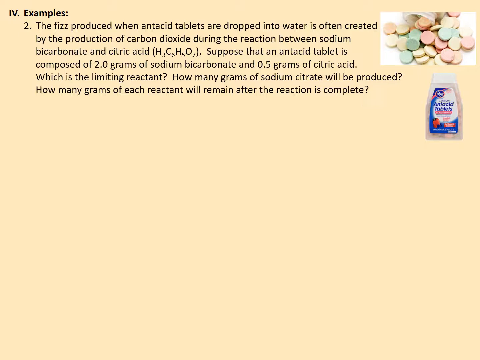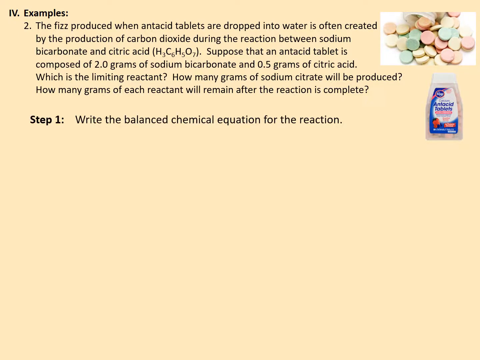Sodium bicarbonate is a base and citric acid obviously is an acid. Suppose that an antacid tablet is composed of 2.0 grams of sodium bicarbonate and 0.5 grams of citric acid. Which of these is the limiting reactant? How many grams of sodium citrate will be produced? How many grams of each reactant will remain after the reaction is complete?